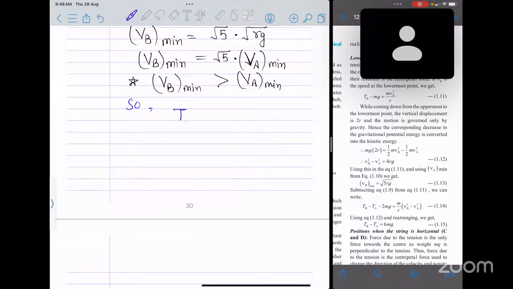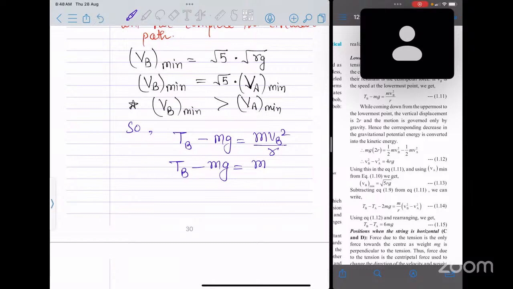we have tension at B minus mg is equal to m vb square by r. Substitute the value of VB. VB is square root 5 RG, and when you square it, you will have 5 times RG divided by R. The R factor will cancel out.